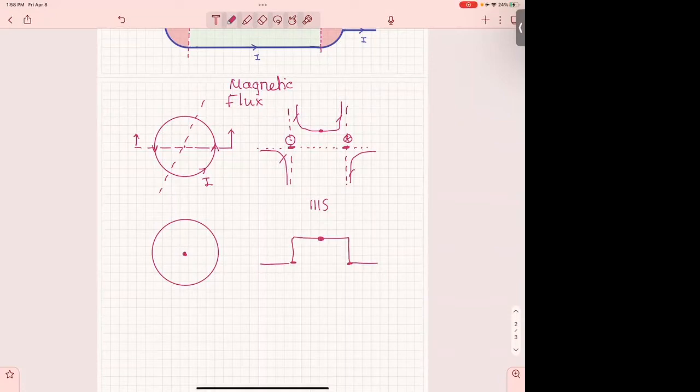Okay, that's what we have discussed in the past. That's how we found an inductance for a loop. You remember when we did those things? Go back and review those.